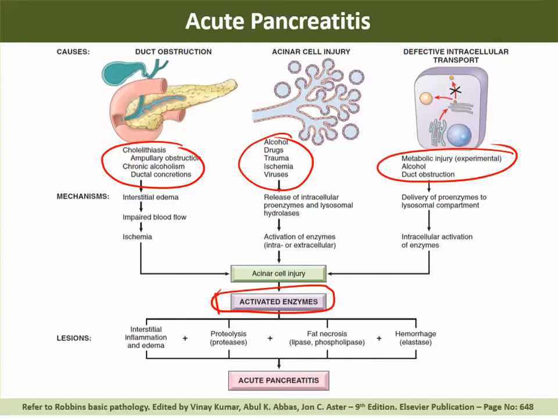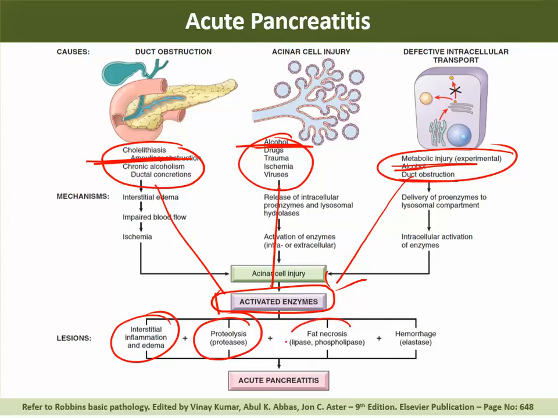Whether it is gallstones, a person taking too much alcohol, or any drug or metabolic injury, it leads to the activation of these enzymes. Then automatically interstitial inflammation, edema, proteolysis, fat necrosis and hemorrhage occur. These four things happen and lead to acute pancreatitis.